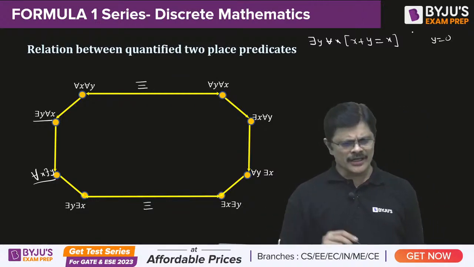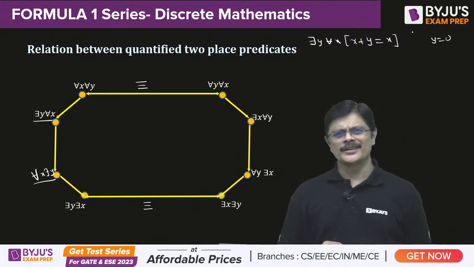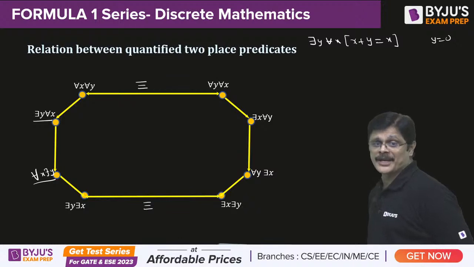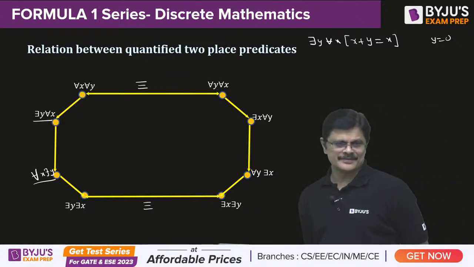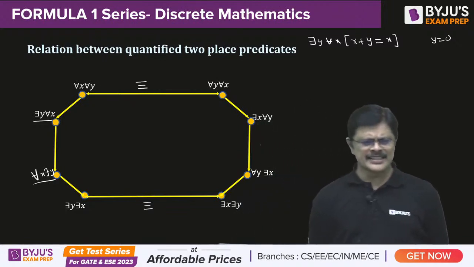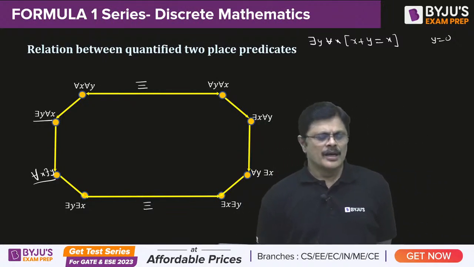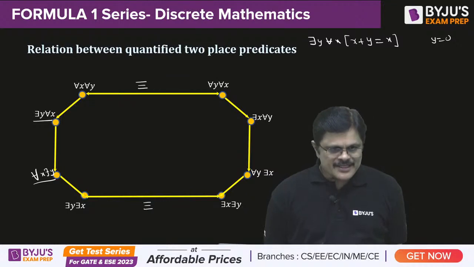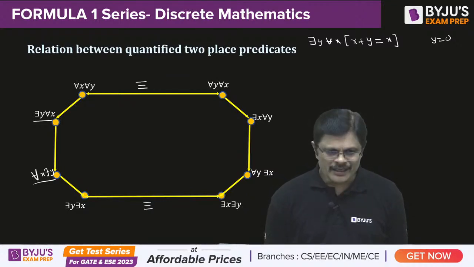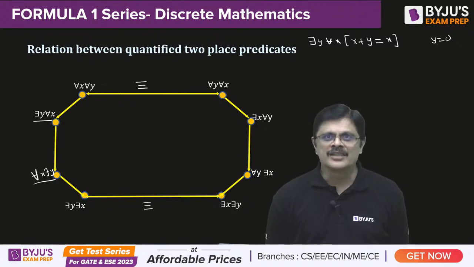And is it true or not? I am talking about truth value this time. A single y works for all x, where x and y are integers. Is it true or false?